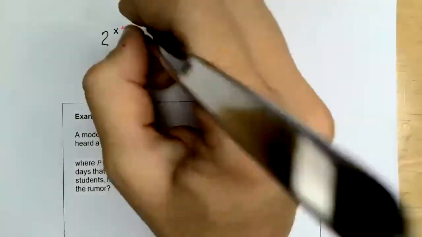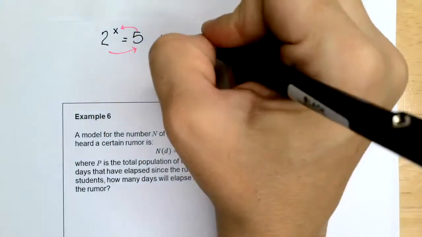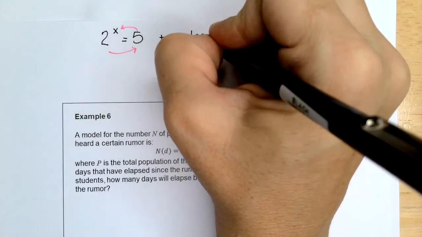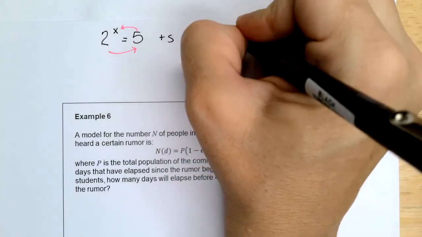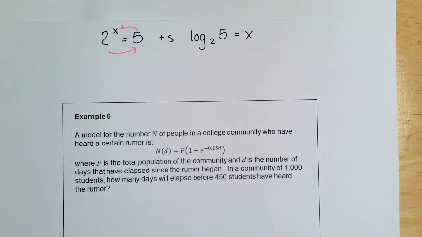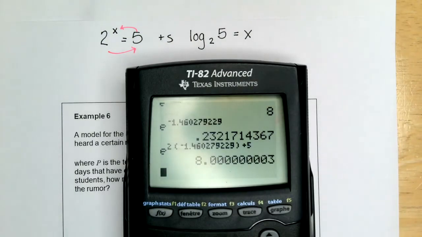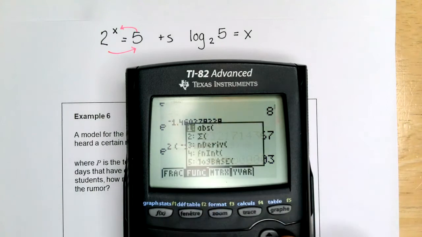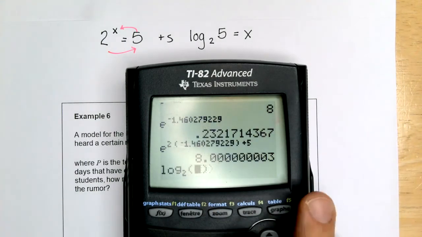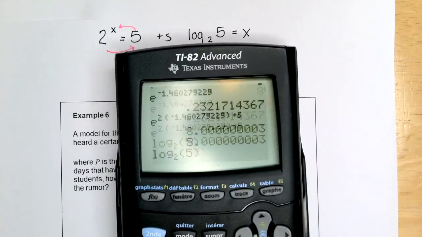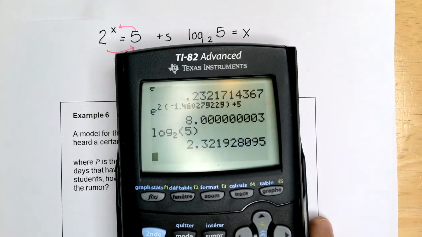So now I have log base 2 of 5, and I can just put that into my calculator. Log base 2 of 5 is 2.321928095. Good.